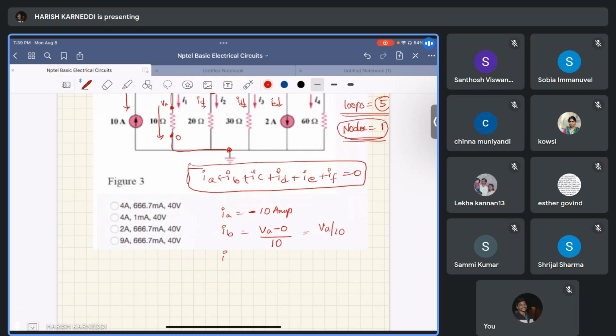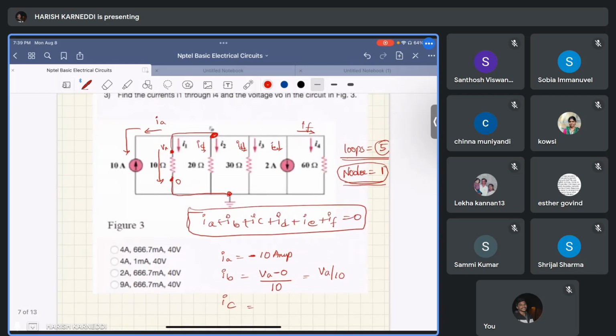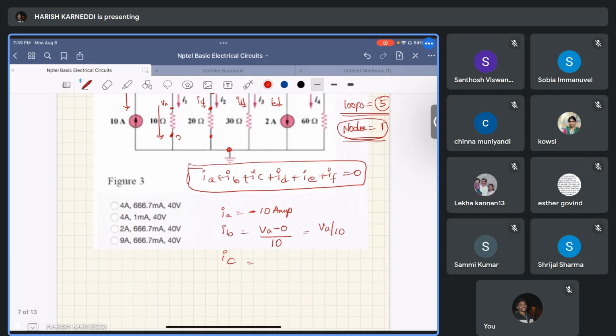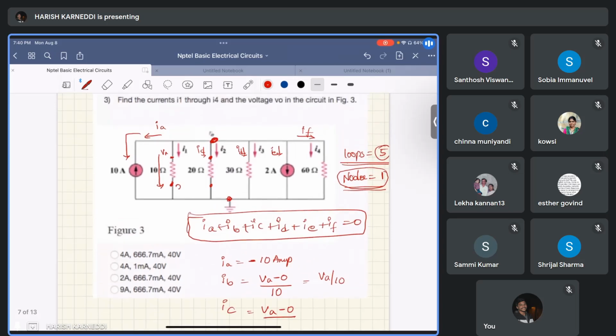Similarly, IC is the potential difference across this 20 ohm resistor. The potential difference remains the same, VA minus 0, but the resistance is 20 ohm.